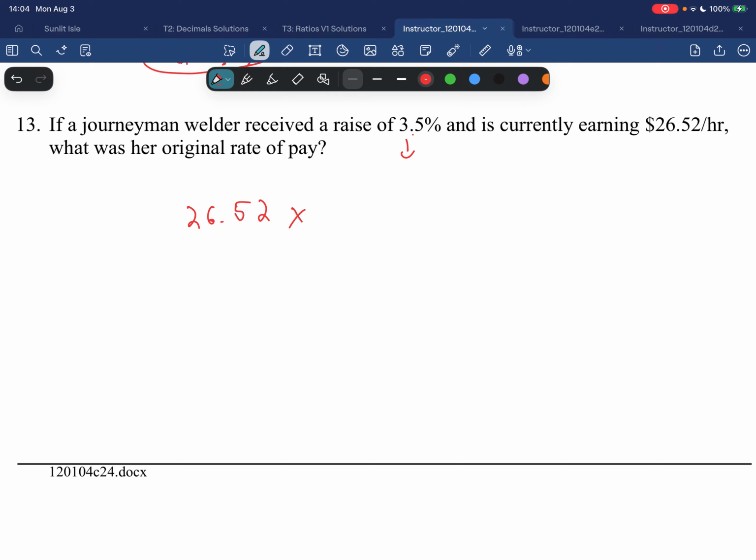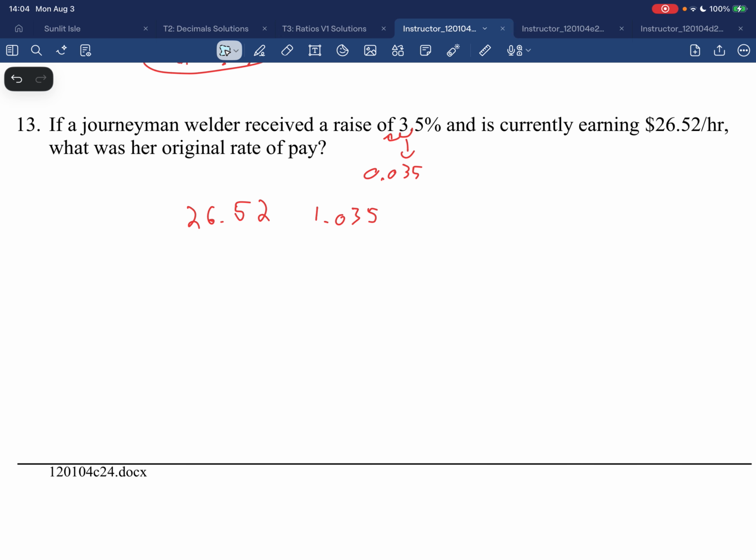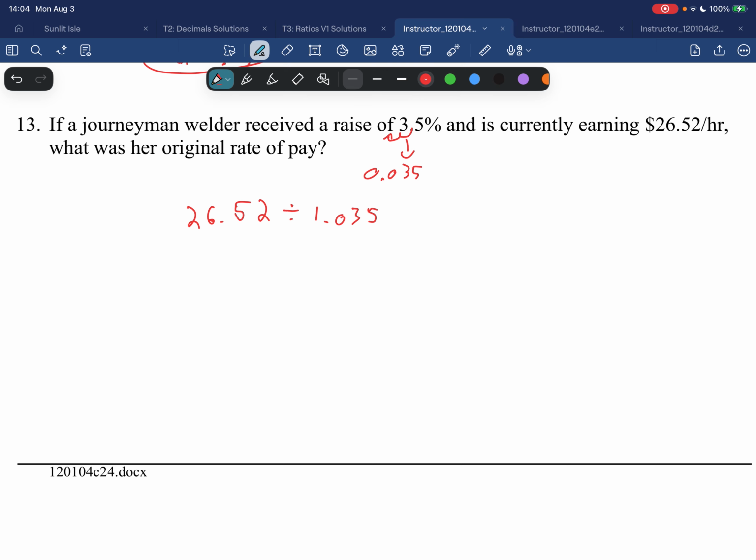So move this 2 decimal places, 0.035. I would multiply by 1.035 if I was giving her a raise, if this was the original rate. So instead of multiplying, I'm going to take that away and divide by this same number here. So instead of increasing, we're decreasing because this is the rate after a raise.